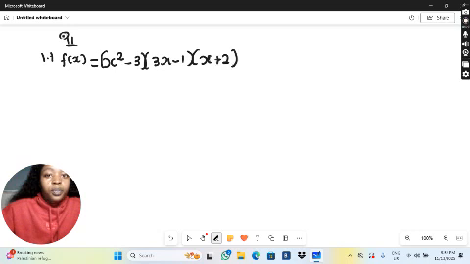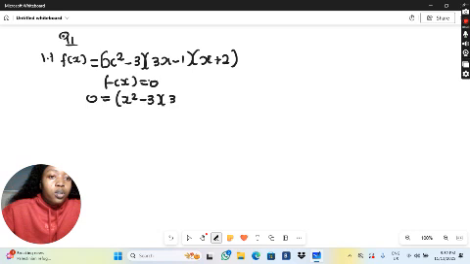Okay, the first thing that we are going to do, we are going to solve for f of x equal to 0. When they say f of x equal to 0, they mean that you equate all these equation with a 0. So we are going to have 0 is equal to x squared minus 3 times 3x minus 1 into x plus 2.